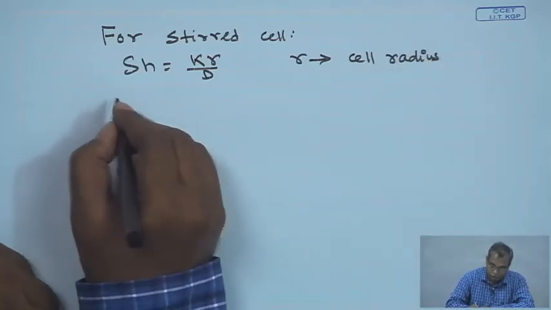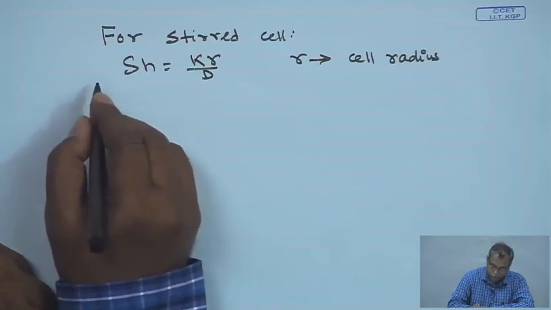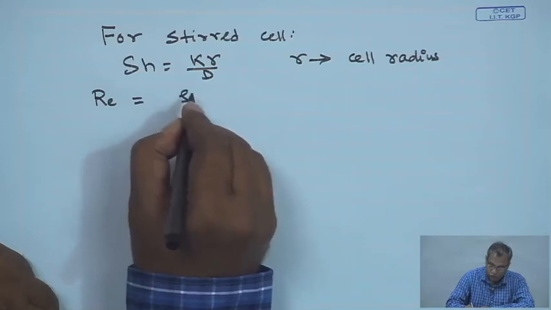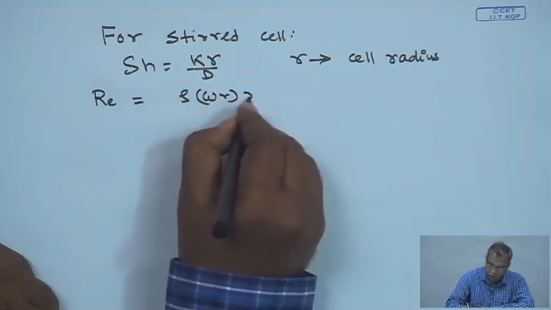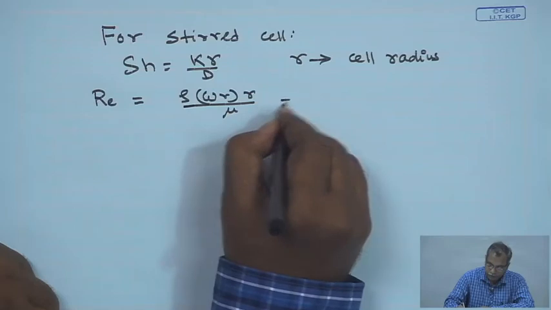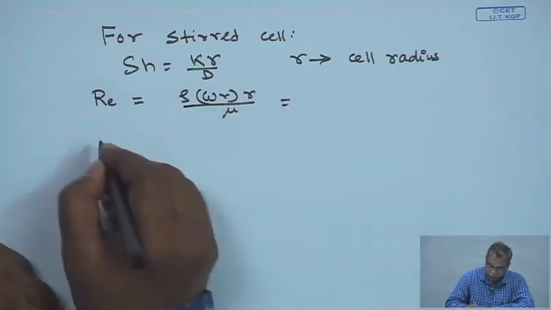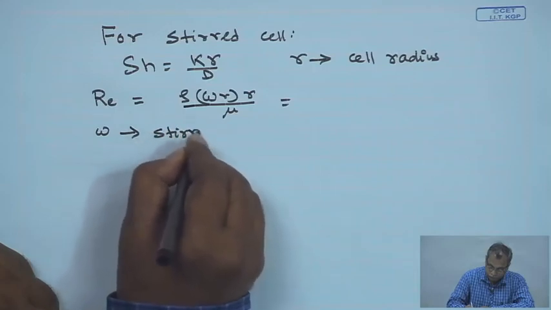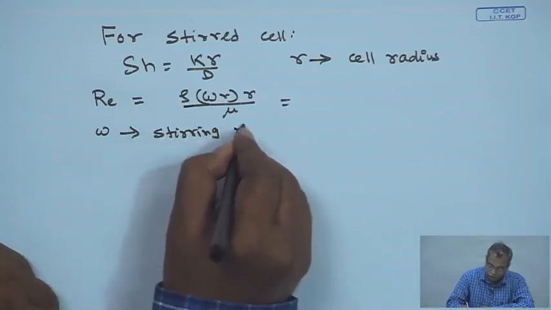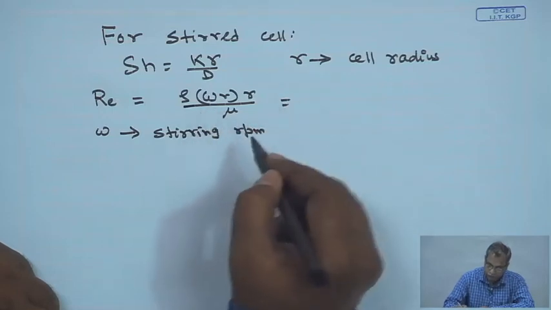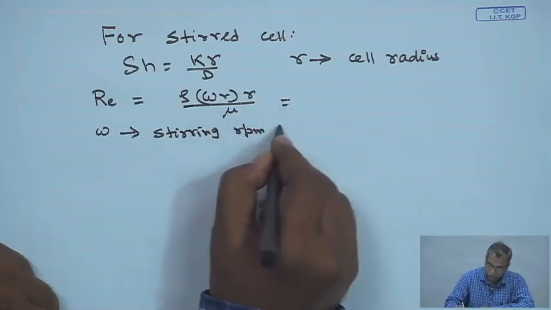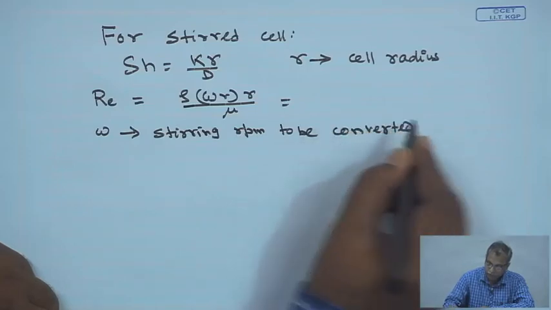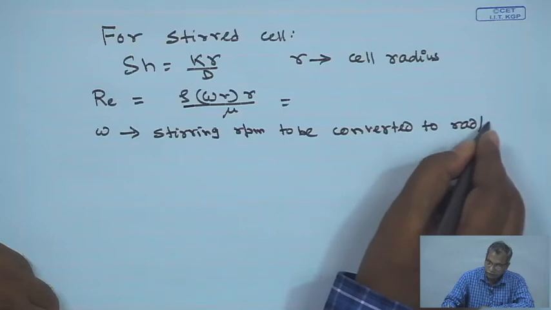And we have two domains of Reynolds number. Reynolds number is defined as rho omega r divided by mu. So, omega is the angular velocity of stirring, given in RPM, which will ultimately be converted to radian per second.